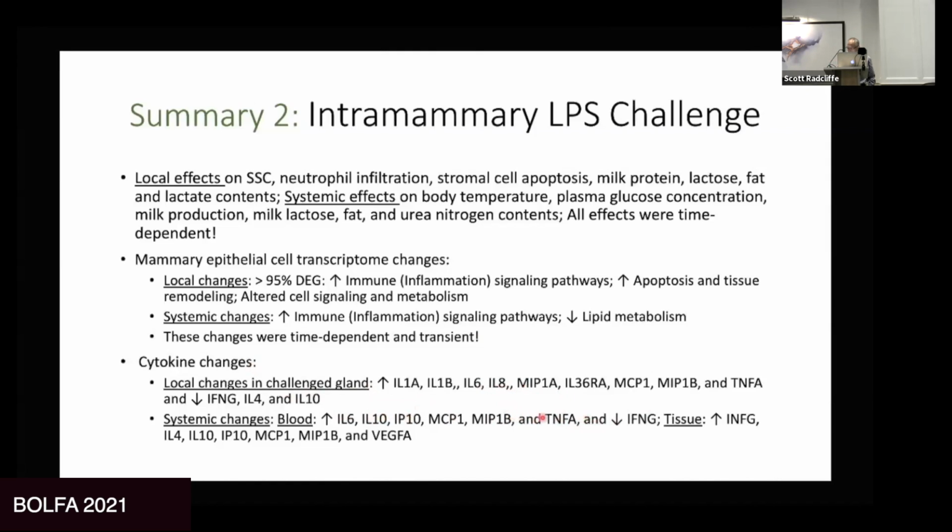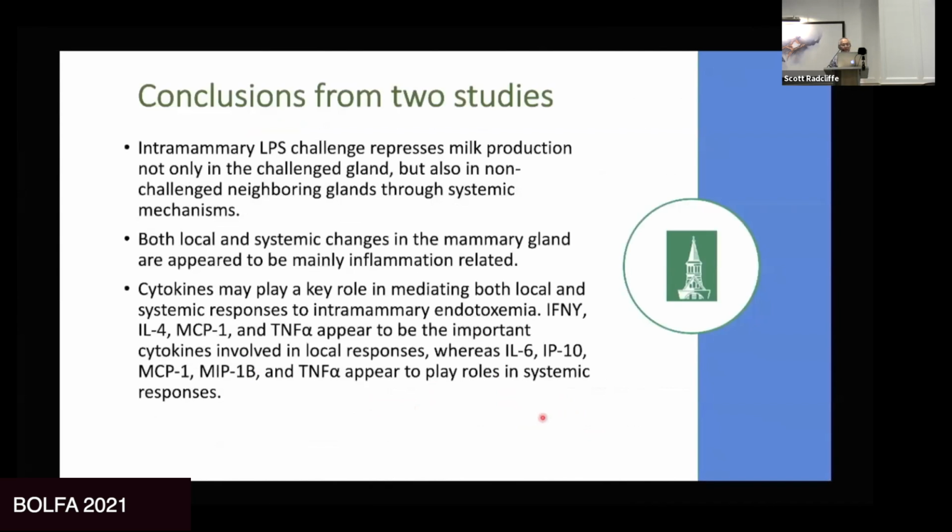So I'm not going to repeat it. In summary, from our two studies, our study shows clearly that LPS challenge of the mammary gland causes local effect and systemic effect.